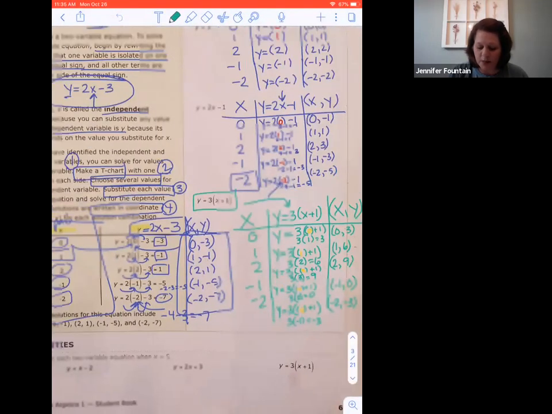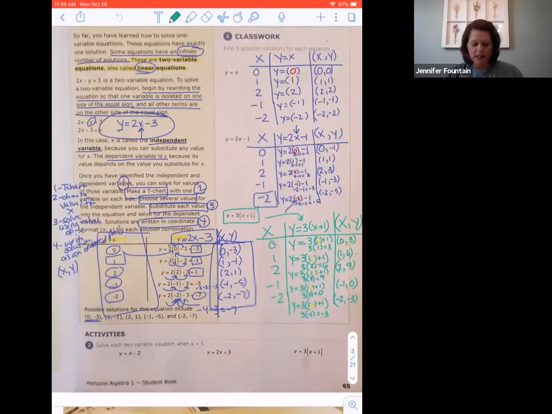So let's review our steps real quick. Step 1, we said, was to make a T-chart. And like I said, if you want to make it a 3-column chart like I did, then you just do a double T-chart. Step 2 is to choose several values for x. Remember, we said we're going to use 0, 1, 2, -1, -2.